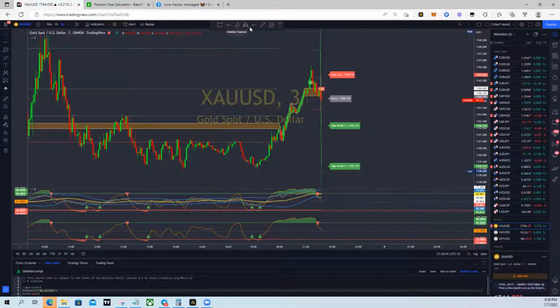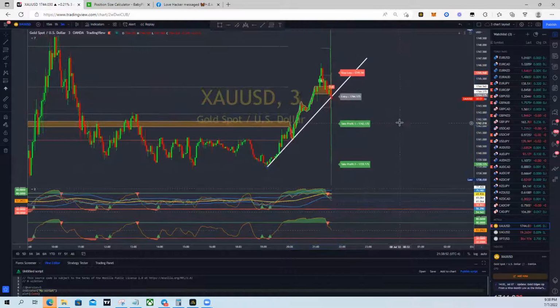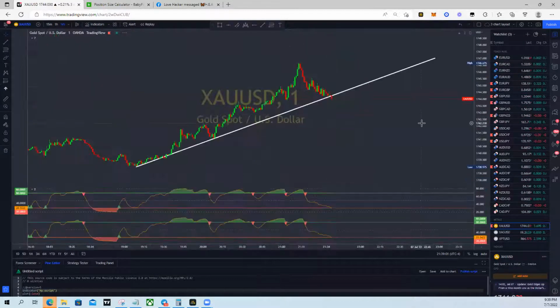All right, so the buy was short-lived, even being that we are on smaller time frames. Some of these trades may be a little short-lived. Got a little bit of market structure being broken. Yeah, it's a good sell. 1 minute chart.